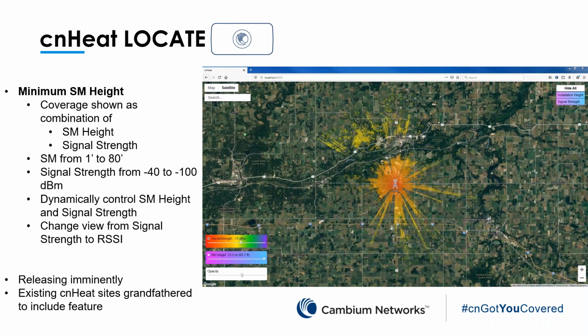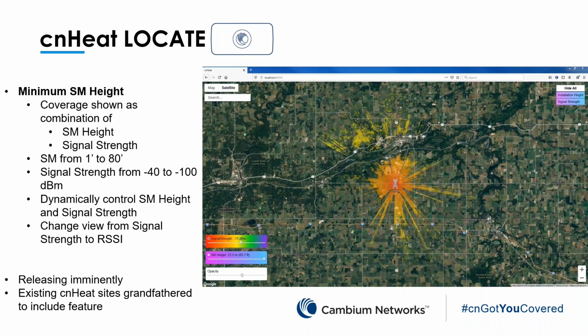What's even better than anything is with this new feature, you control how you want to see the SM height and the signal strength. It's a real-time dynamic control for the heat map that we created. We also let you dynamically change between viewing your heat maps in signal strength or RSSI.